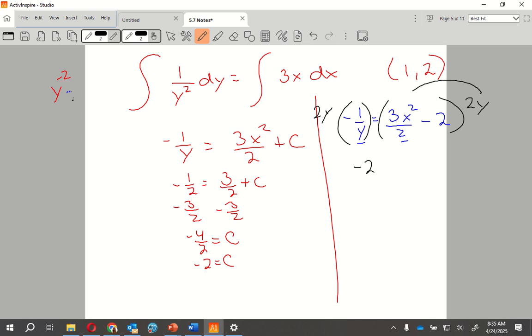If I distribute the 2y over here, the 2's will cancel and I'll get 3x squared y minus 4y.